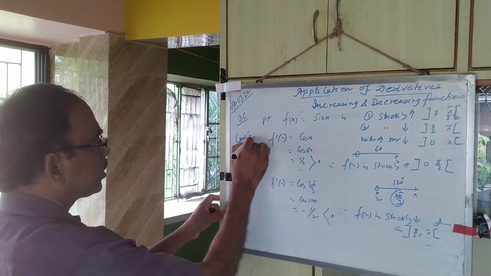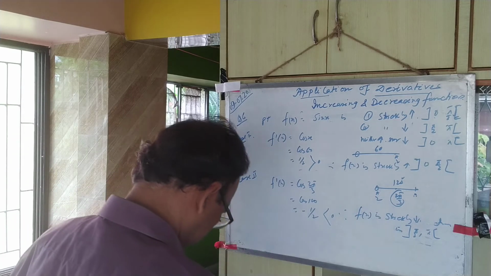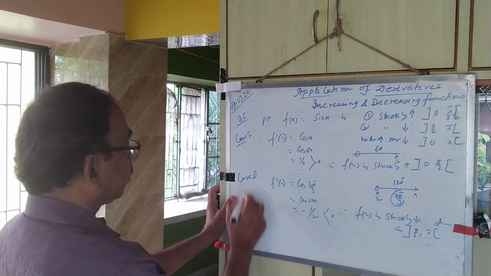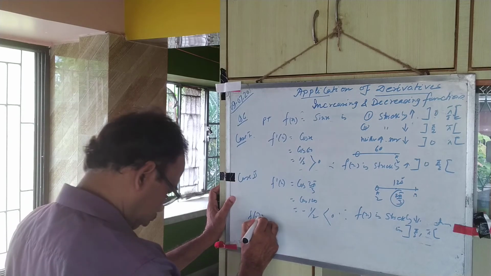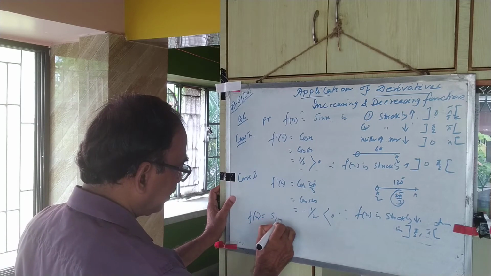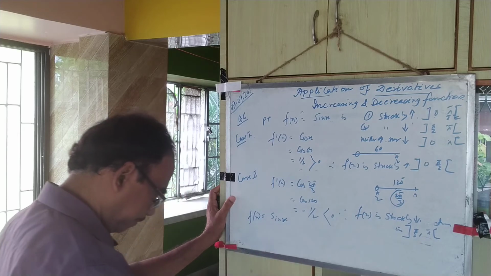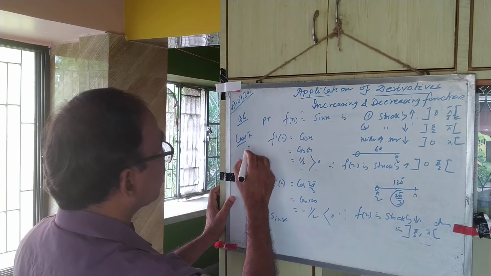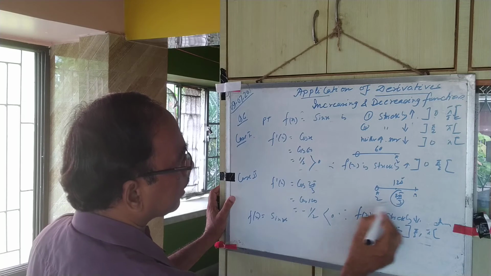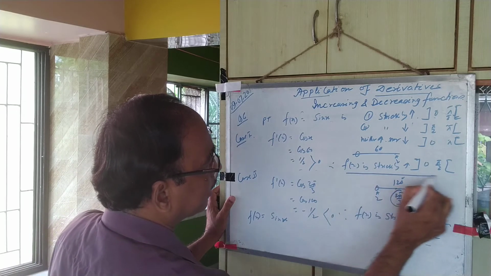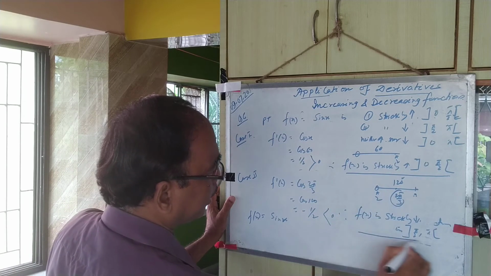Now, considering case 1 and case 2, f(x) equals sin x is strictly increasing in one part and strictly decreasing in the other.